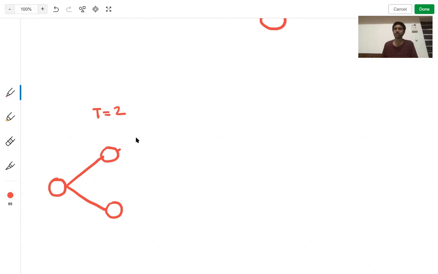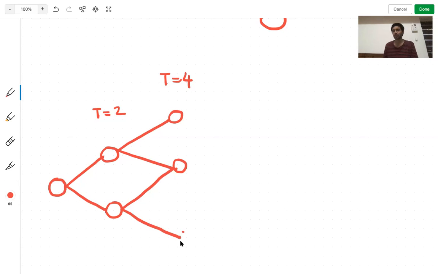So the share price can either go up or down, from the upper node of t equal to 2. From the bottom node of t equal to 2 also, the share price can either go up or fall down.